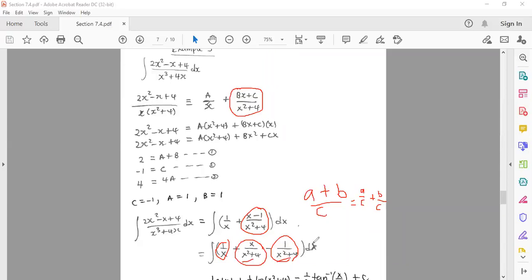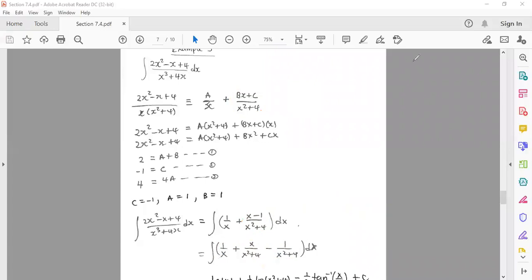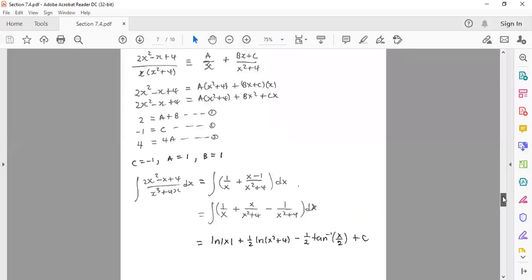So remember that formula in the box. If you forget the formula, then you know that this is a trig substitution, where the substitution is going to be tan. But I'd prefer that you remember the formula I gave you, because trig substitution is going to consume a lot of your time in an assessment.